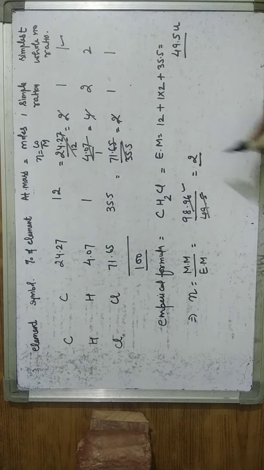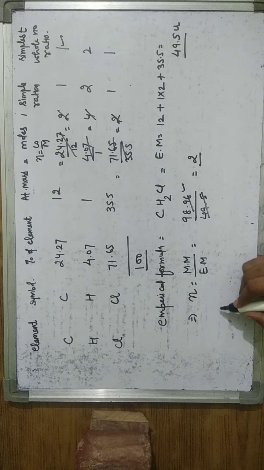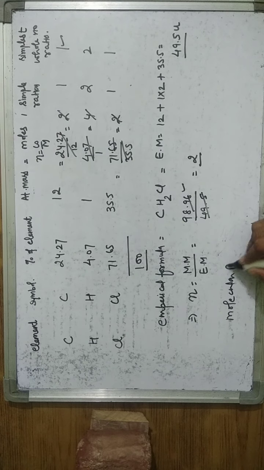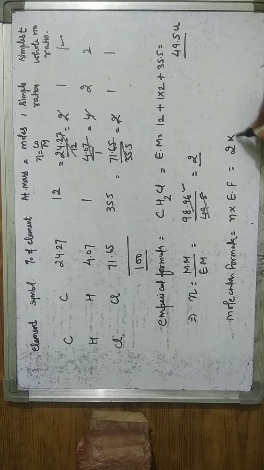Now after getting the n factor, you are able to calculate the molecular formula. Molecular formula is equal to n times the empirical formula. What is the value of n here? 2. Empirical formula is CH2Cl.